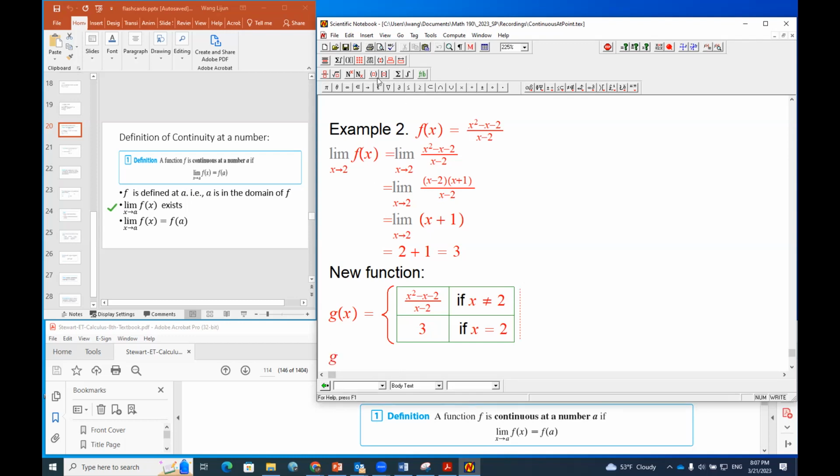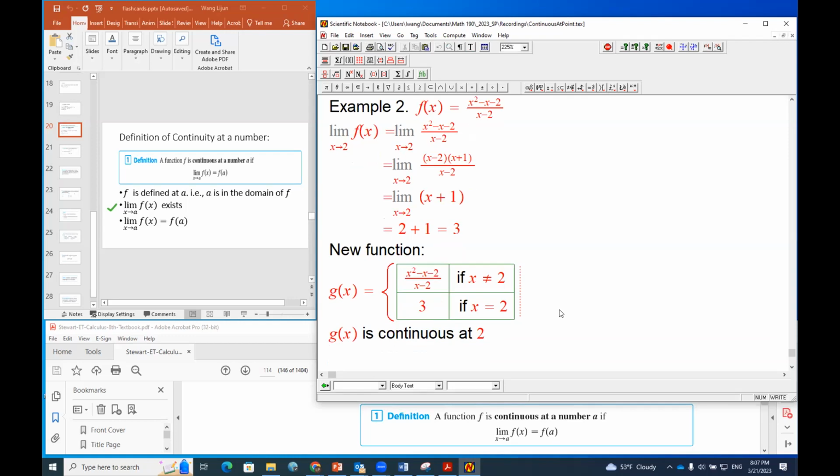This new function g is continuous at 2. So now g is continuous everywhere, including 2, right? Rational function. The only problematic point was 2.